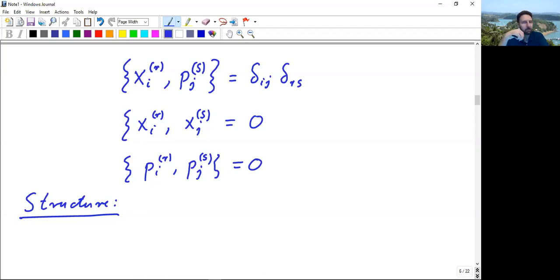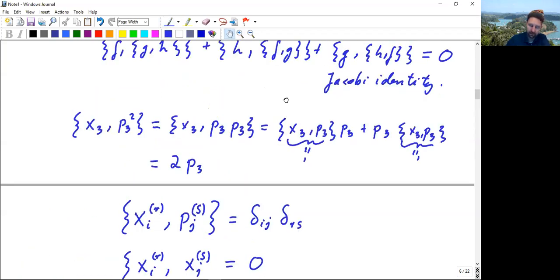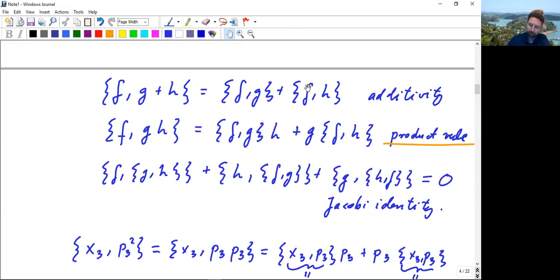And the axioms of such a Poisson bracket, the second set of these axioms here, are the axioms of a Lie algebra. So technically speaking, a Poisson algebra is both an associative algebra and a Lie algebra. And there are to be consistency conditions between the two. And these consistency conditions we listed here. Here, the product rule.